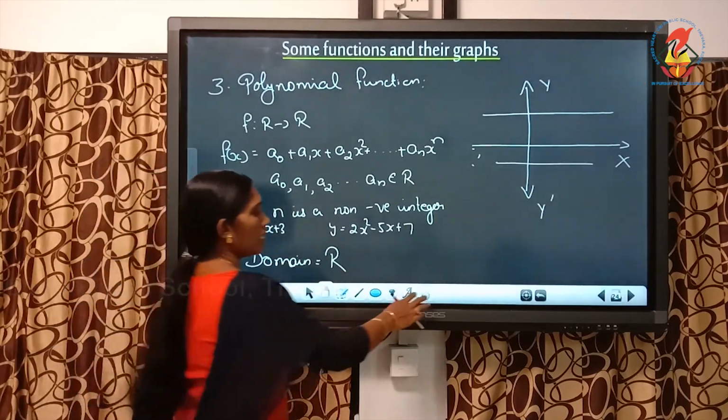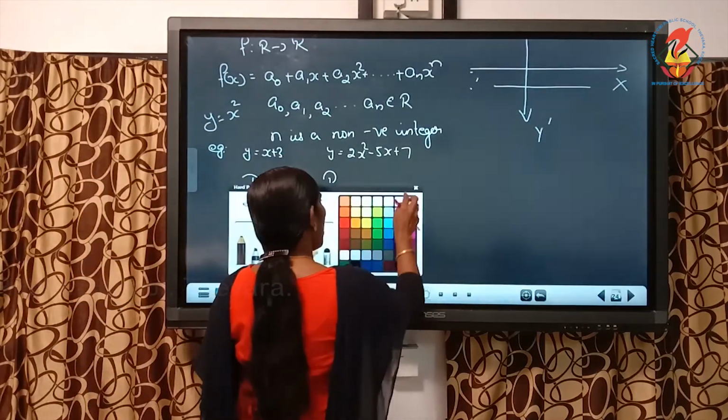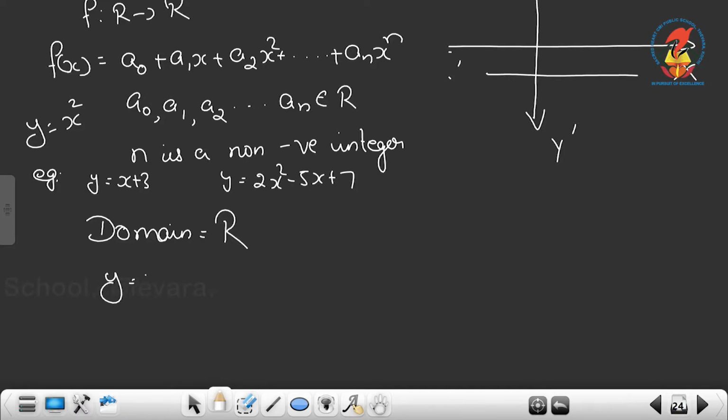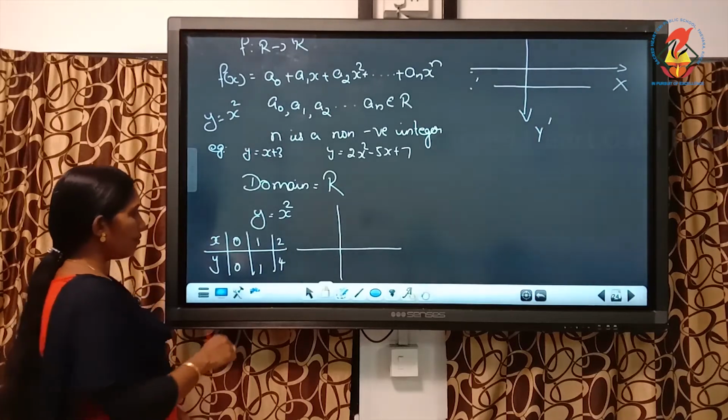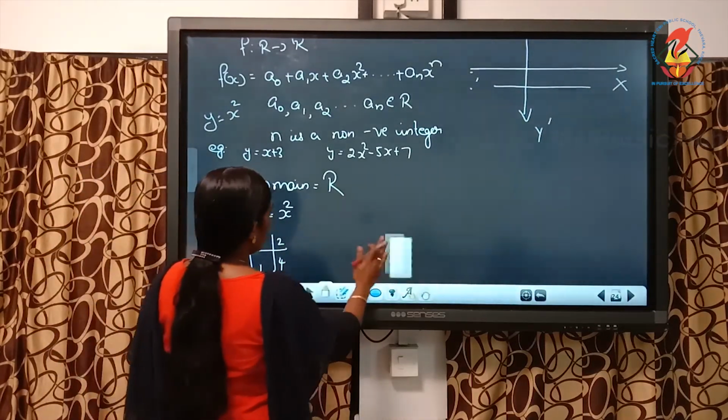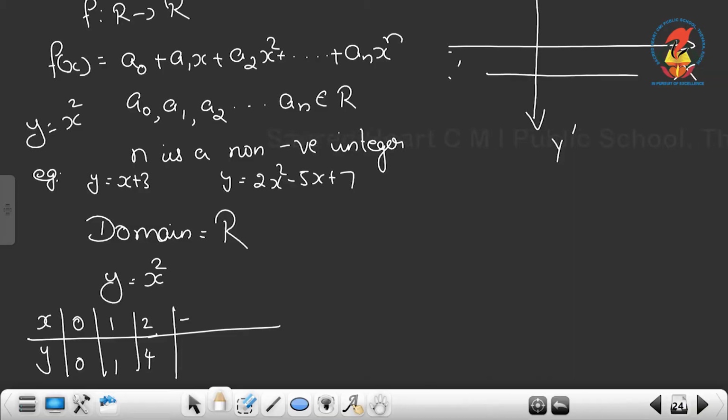Then the graph is also something we can't generalize. This y is equal to x squared is a graph. Y equal to x squared, x and y: when x is 0, y is 0, x is 1, y is 1, 2, 4. What about negative values? Negative 1, 1, negative 2, 4.